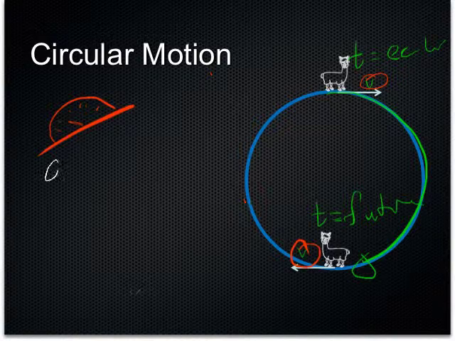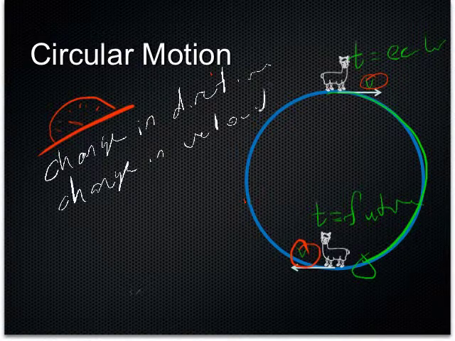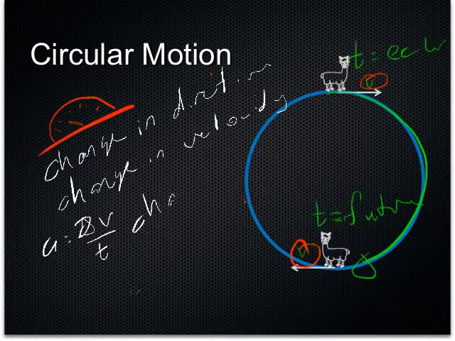So we have a change in direction, which means there must be a change in velocity, and because a equals change in v over t, there must be an acceleration.